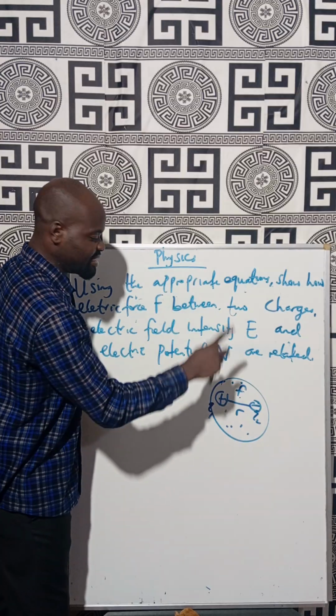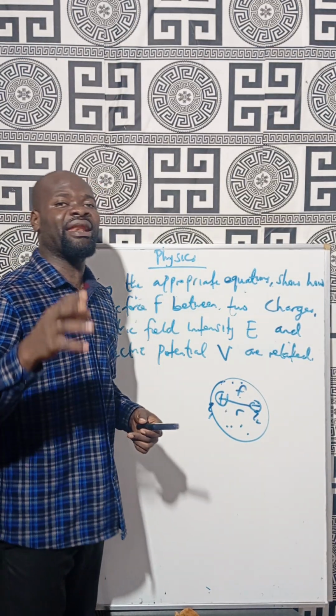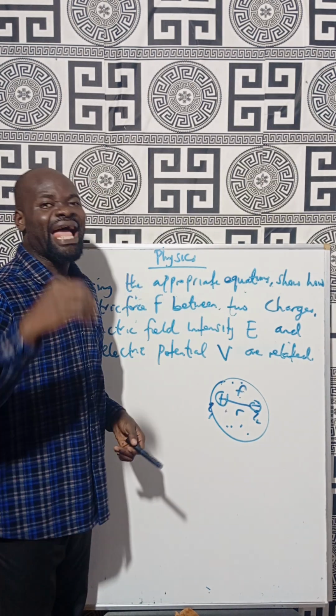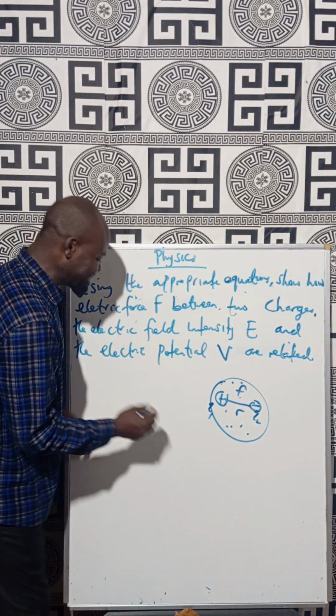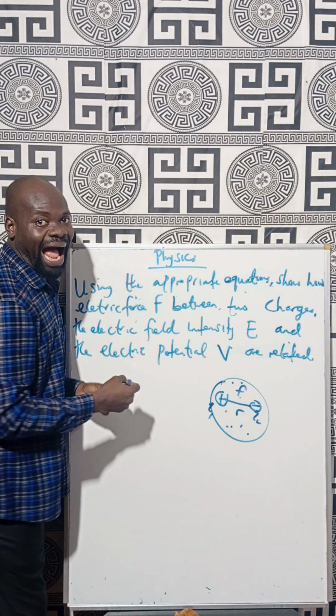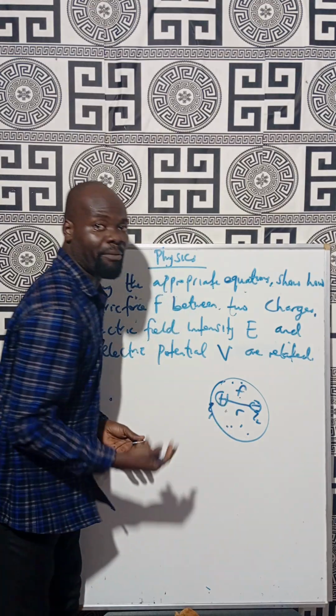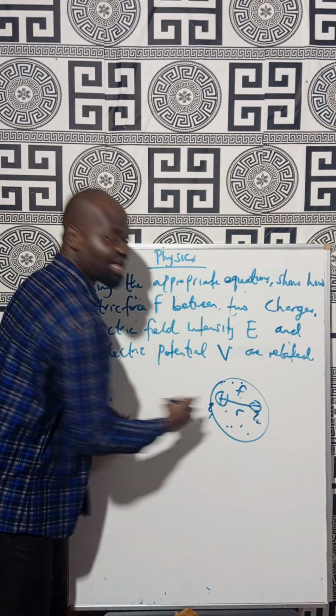And V is called electric potential. There are two different types of electric potential. The first one is electric potential at a point from infinity. The second one is the electric potential between two points, let's say between two charges. The one we are talking about here is between two charges.